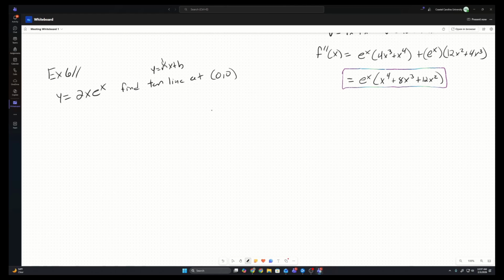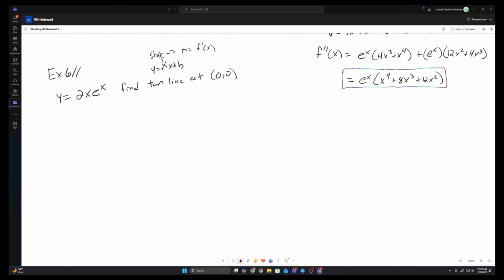Well, this m is our slope of the tangent line, but we also know that the slope of a tangent line is f prime. So m equals f prime at that certain point. Now, this is a derivative.